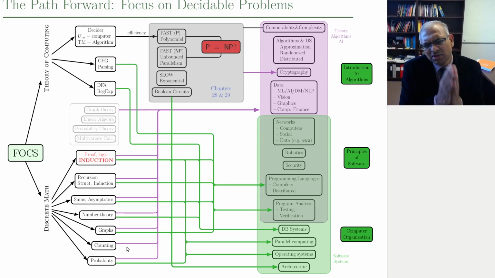So in some sense, you can't really escape the foundational math and the foundational theory of computing. It is really embedded into the rest of the curriculum. Now, depending on what your flavor is, you might emphasize one over another. You might emphasize theory and math over software and systems. So that's a high-level view of where you can go from Fox.